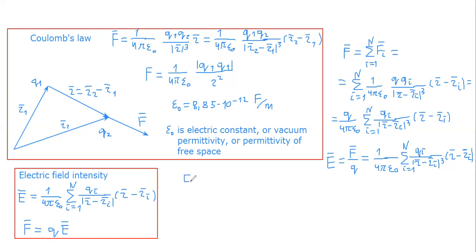This electric field intensity can be found by the formula 1 divided by 4π epsilon 0, q_i.